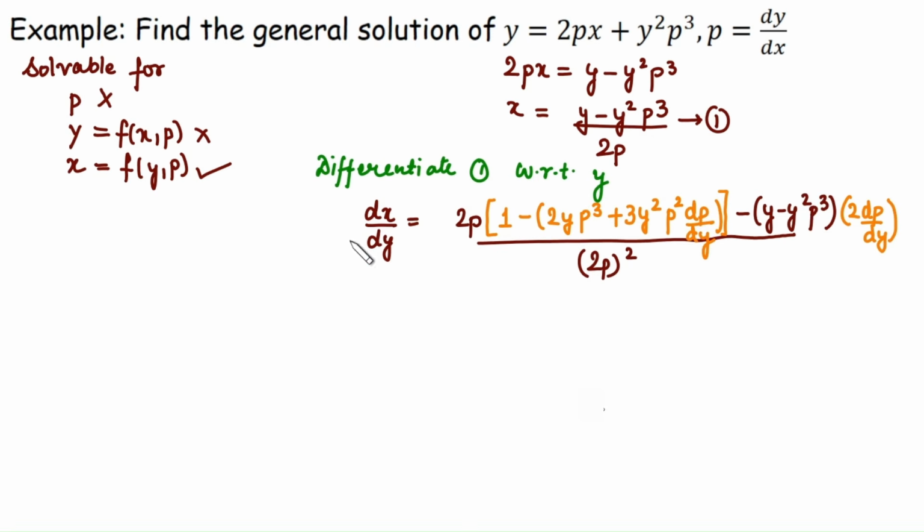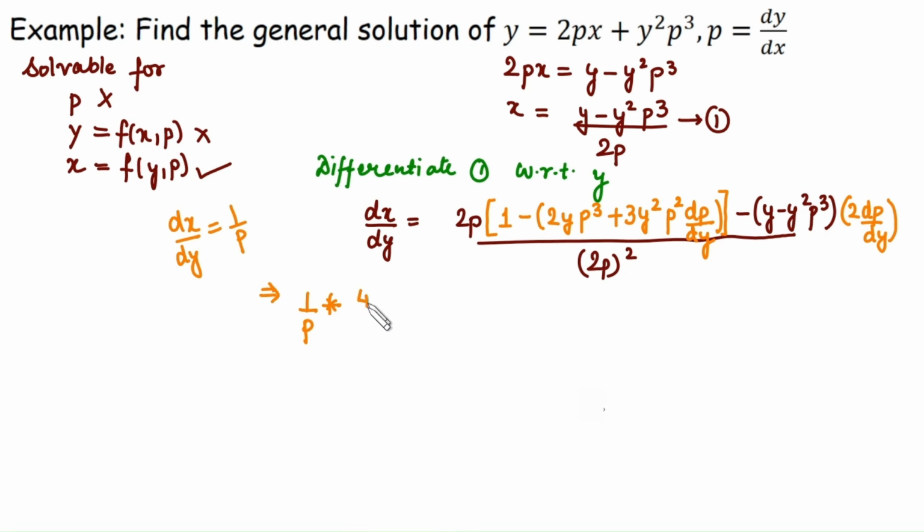In the next step, replace dx by dy equal to 1 by p and simplify this. So we can write here 1 by p, and this term we can take on the left hand side.